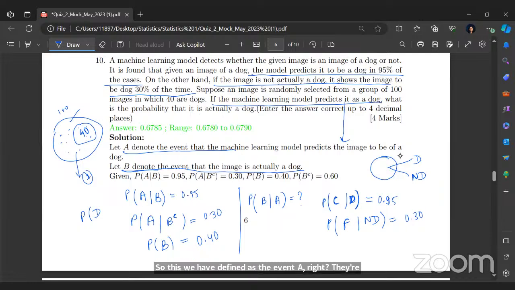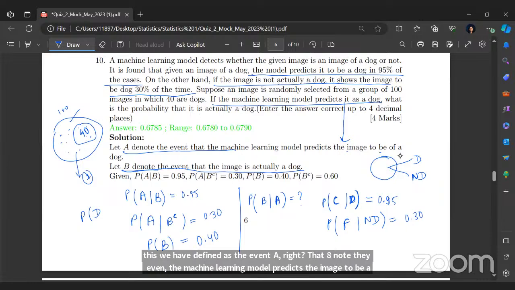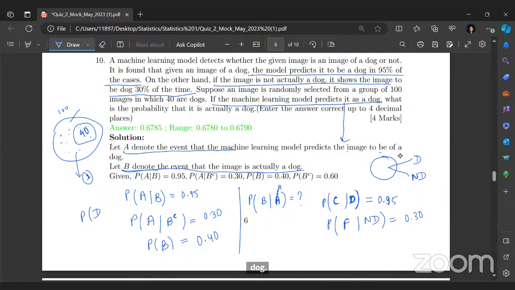Let A denote the event that the machine learning model predicts the image to be a dog. This is what is given to us, and you have to find the probability that it is actually a dog, which is event B. So you have to find the probability of B given A. Is this question clear? What you have to do?